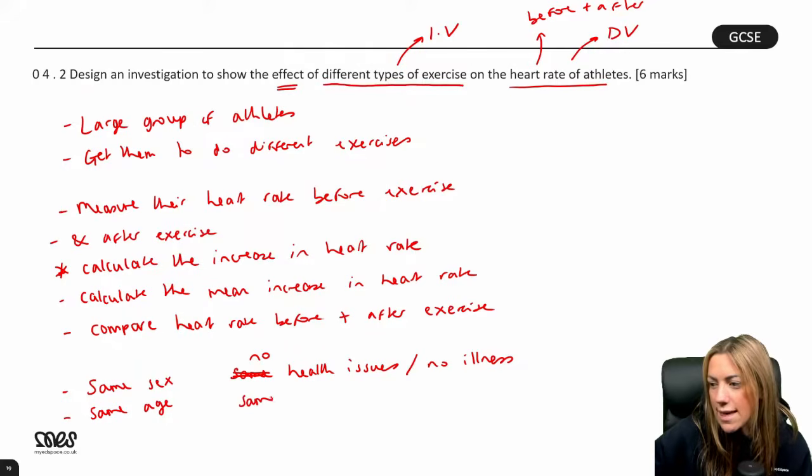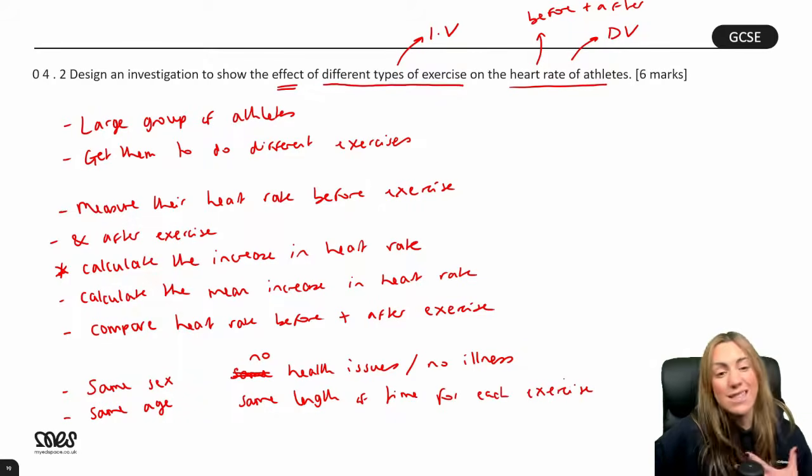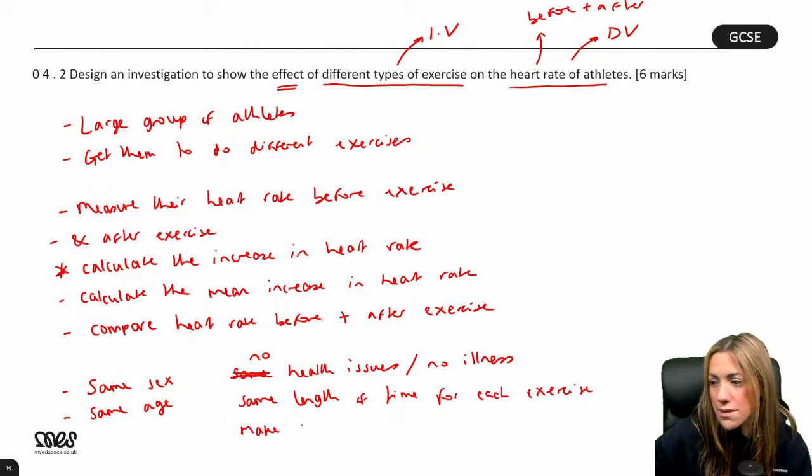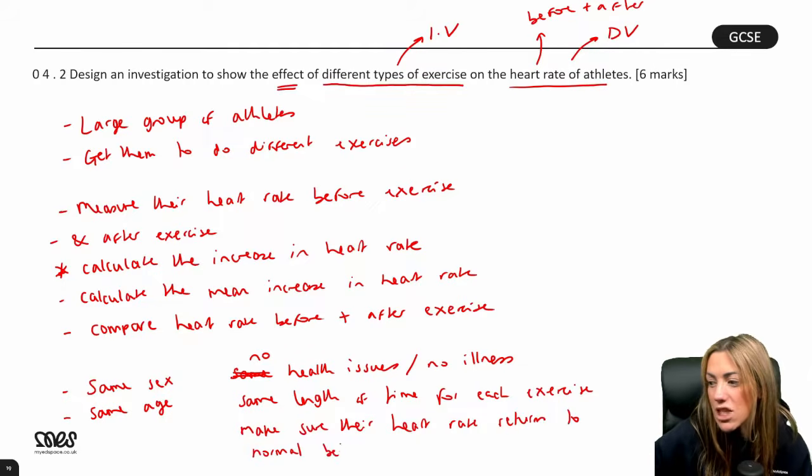What else could we say? Same length of time for each exercise, because if they do one exercise longer than the other exercise, that would obviously make their heart rate increase more. So that would then affect your results. You could also say, make sure their heart rate returns to normal between each exercise.